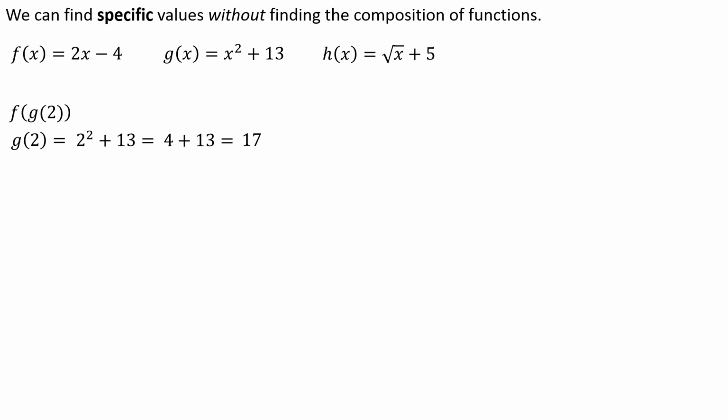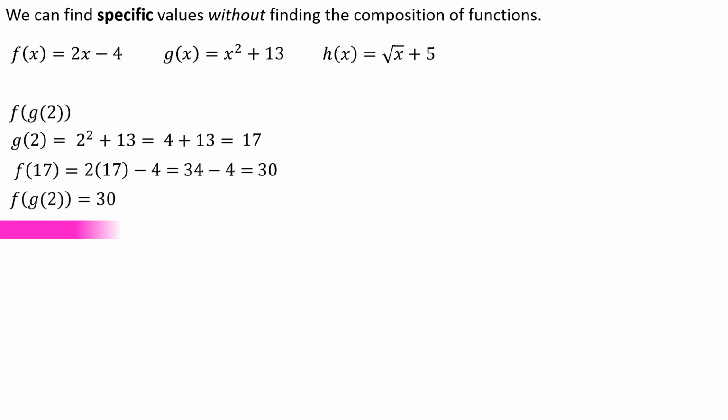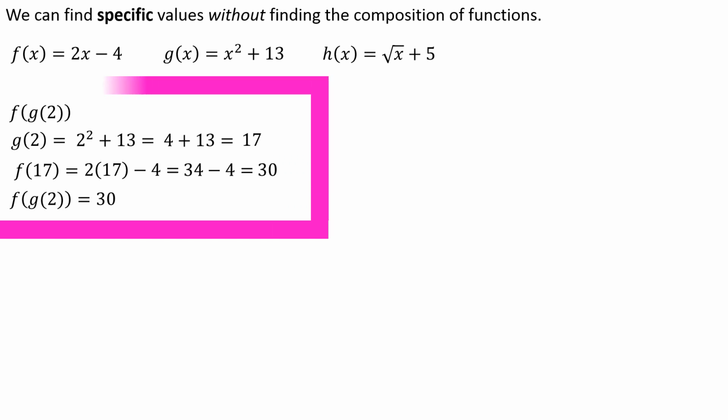I can now take that value and plug it into function f. Anything I plug into function f needs to be doubled and then subtracted by 4. So 17 times 2, subtract 4, comes up with 30. So f of g of 2 has a value of 30.